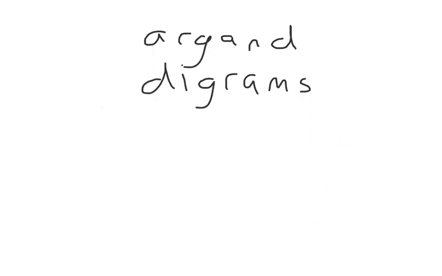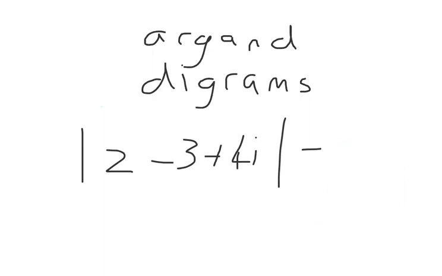So now here's a question, I'm just going to discuss it and break it down. Modulus of z minus 3 plus 4i equals 5. Now this may throw you off, and I'm going to teach you how to solve this, and there's quite a cool graph that comes out of it.